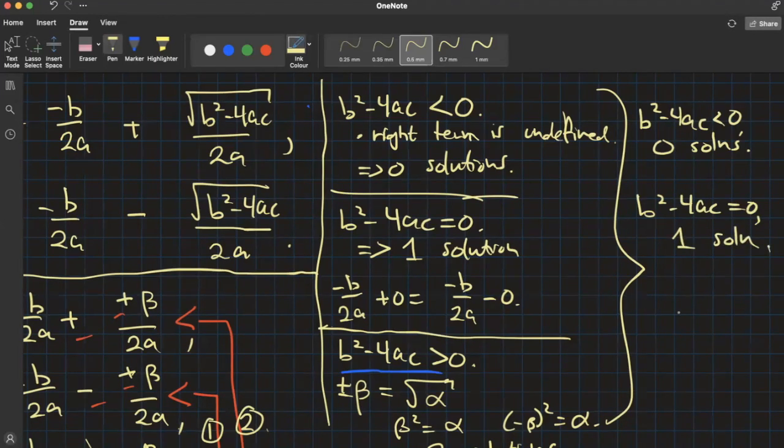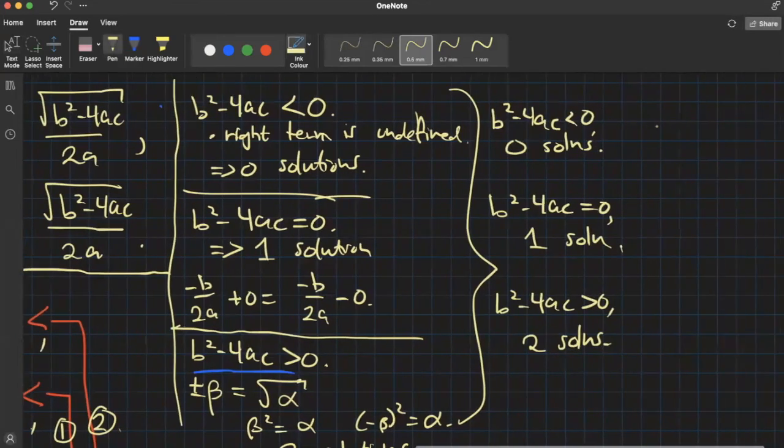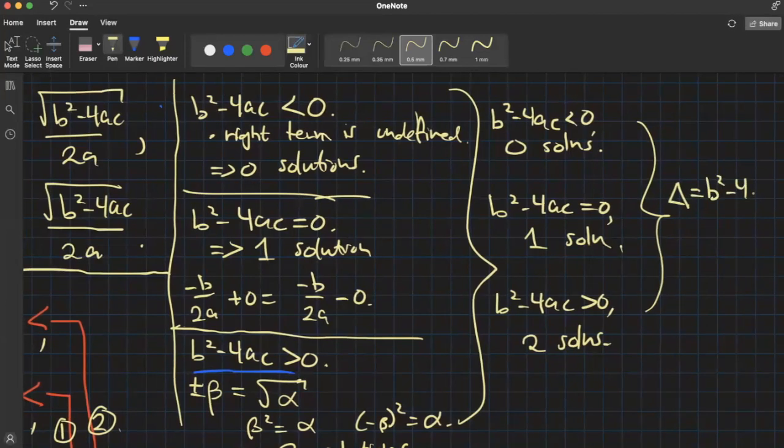And when we have b squared minus 4ac is greater than 0, we're going to have two distinct solutions. And this here is exactly what we learned about at the start. So now all we have to do is say that the discriminant is equal to b squared minus 4ac. We'll give this repeating expression a name and a symbol. And here we have the discriminant.